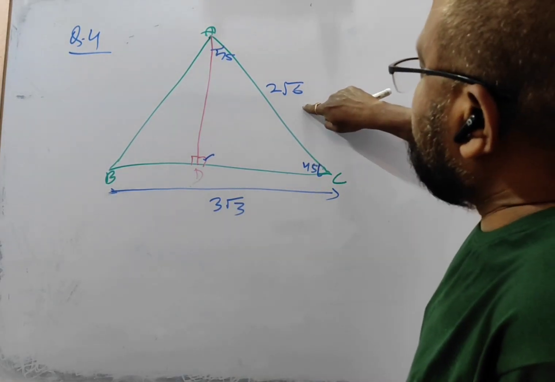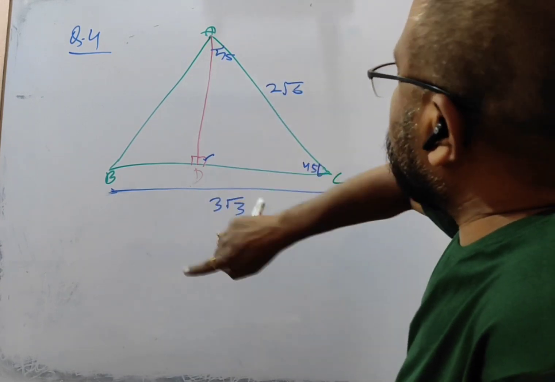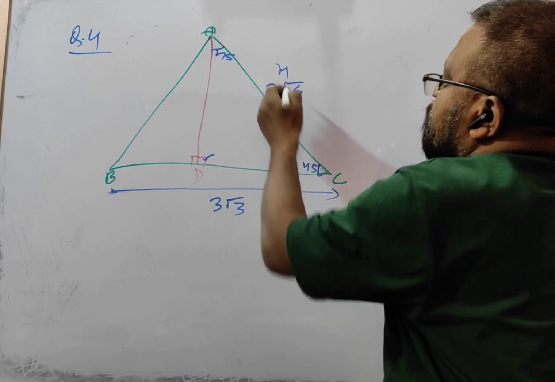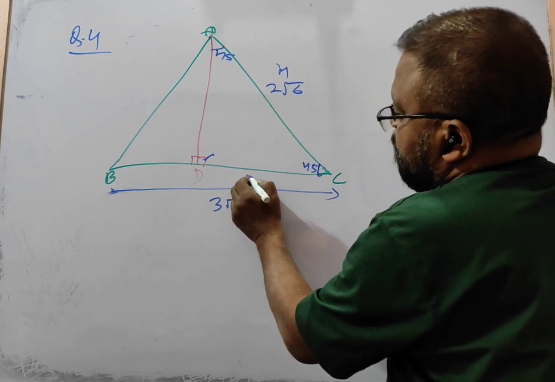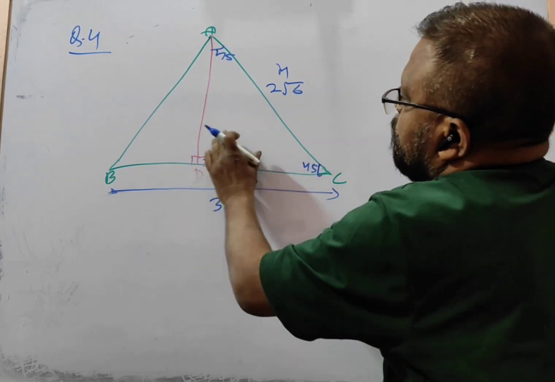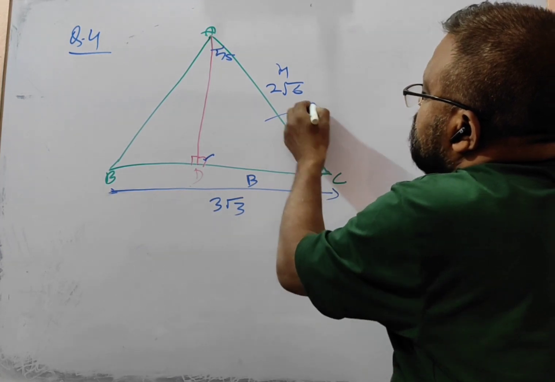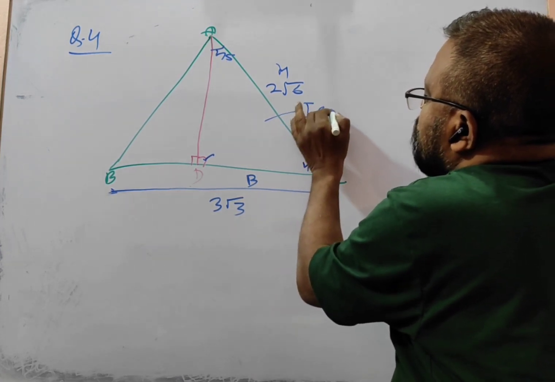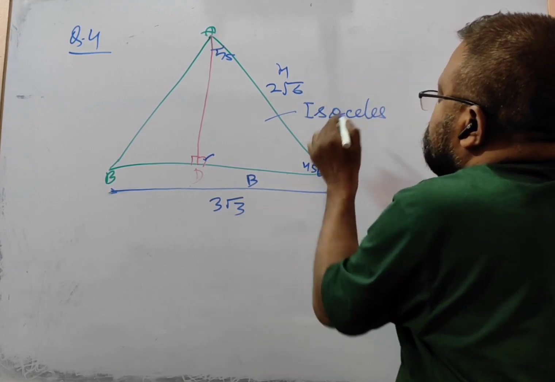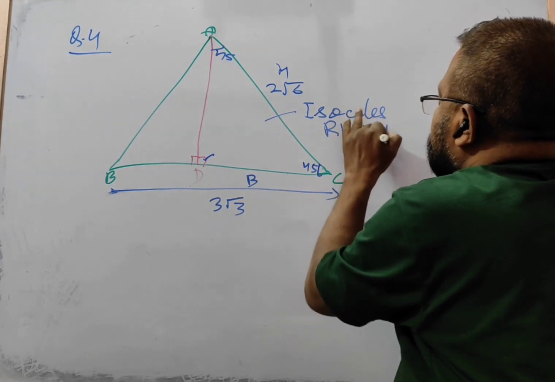This is the hypotenuse, and this we take as base. This is an isosceles right angled triangle, right?